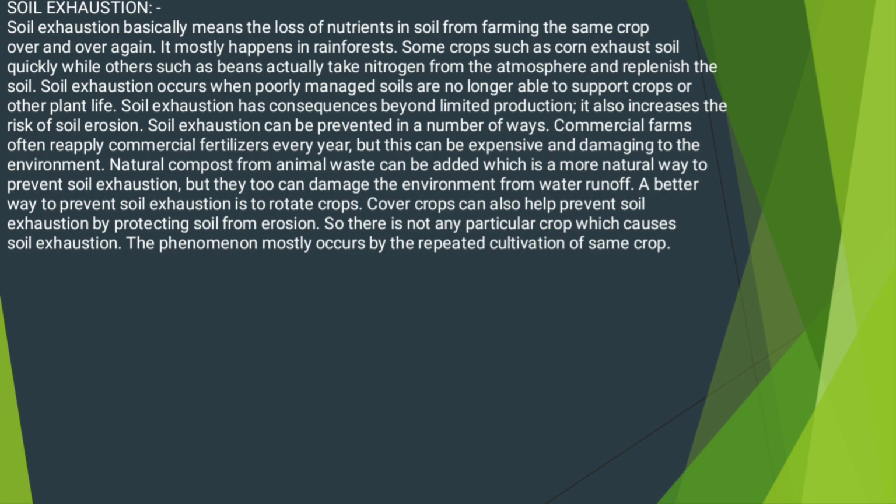There are some crops such as corn that exhaust soil quickly, while others such as beans actually take nitrogen from the atmosphere and replenish the soil. So soil exhaustion occurs when poorly managed soil is no longer able to support the crops and other plant life.